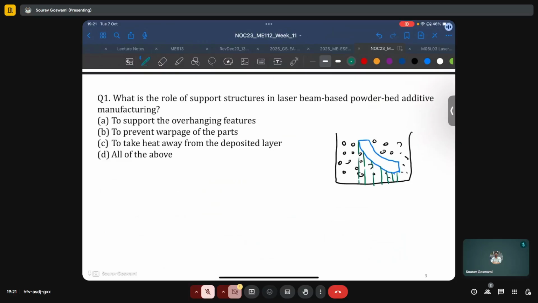So is it to support the overhanging features? Of course, because that is one of the most important or primary roles of support structure. So A is definitely true.